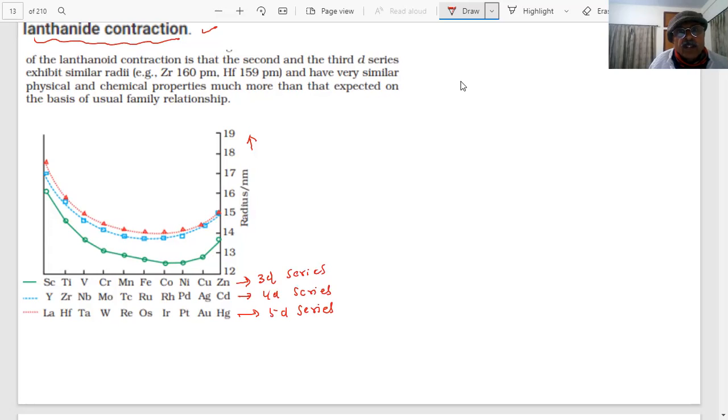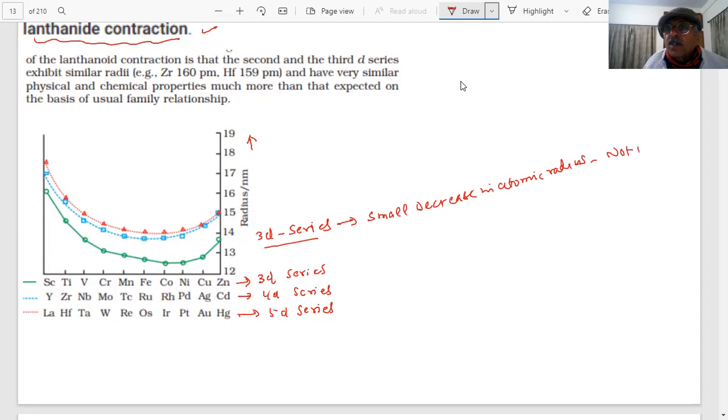I told you, in the 3D series, which we explained in a particular series, there is a small decrease in atomic radii, but the decrease is not regular.